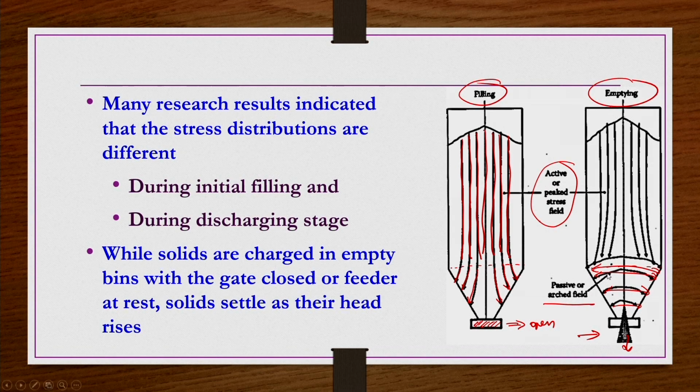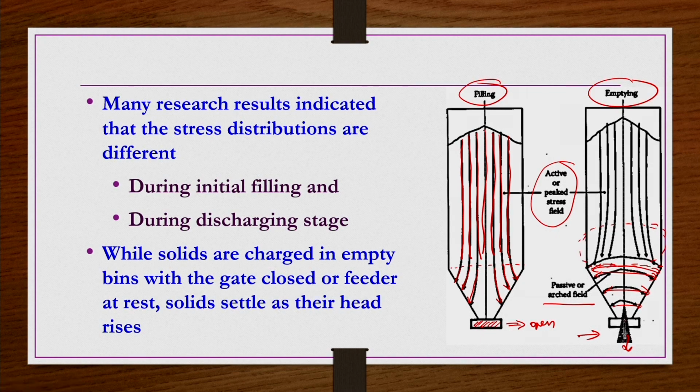And then above it, what happens? The active or peaked stresses, at the location just above the conical section in the previous case, were almost vertical, but here they are not vertical, they are somewhat arched to a certain distance like this, right.